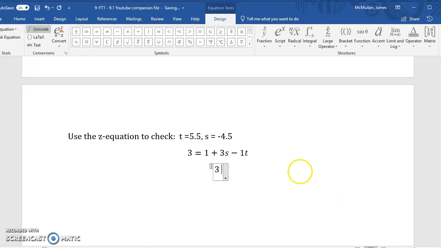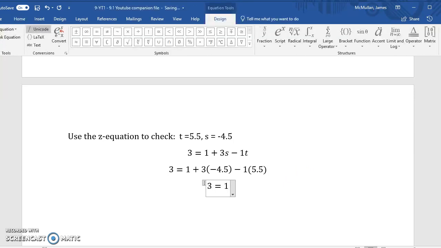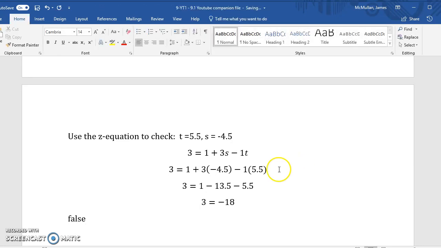So here we get 3 equals 1 plus 3(-4.5) minus 1(5.5), which tells me 3 is equal to 1 minus 13.5, minus 5.5, and 3 is equal to negative 18, which is false. So therefore, the point is not on the plane.